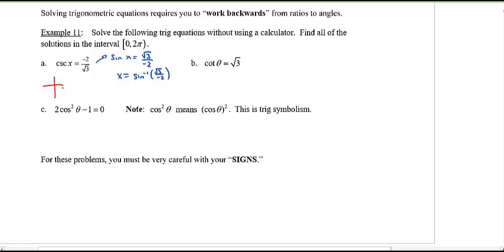If the r value is 2, I should write the negative with the root 3. So the y value is negative root 3, r is 2, and therefore this must be 1. So my question is, what is this angle measurement equal to?